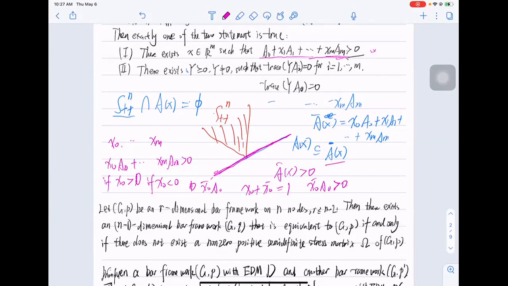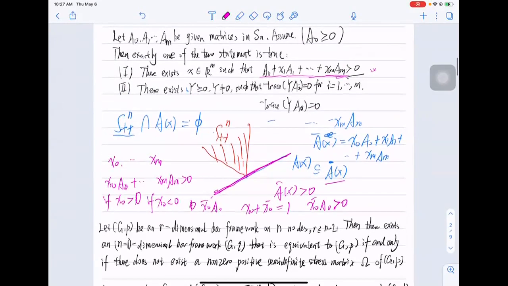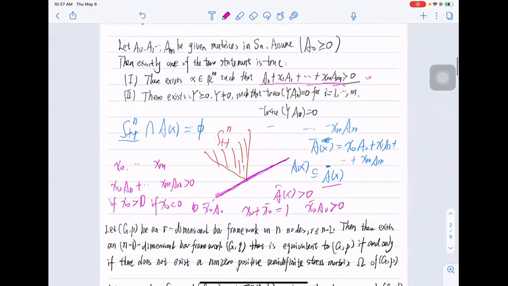Then I have x0 plus x0 bar times A0 times this guy being positive definite. So again, that's a contradiction.